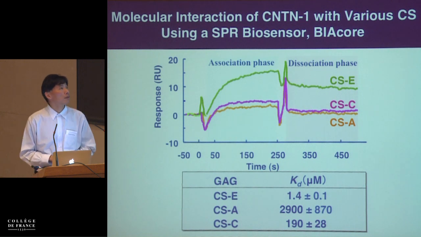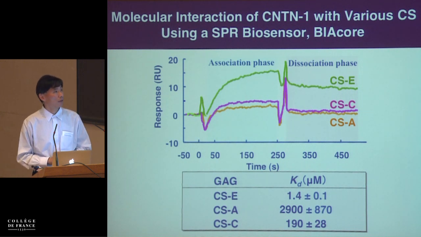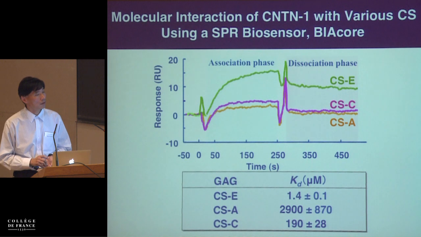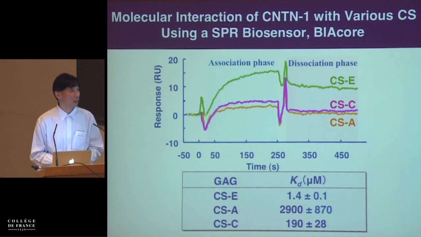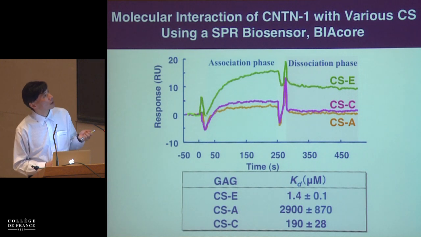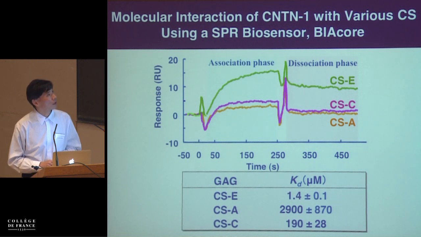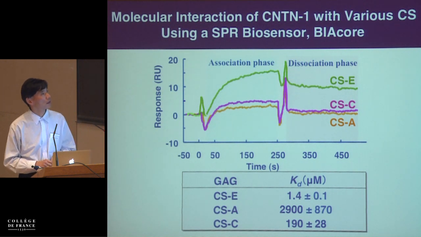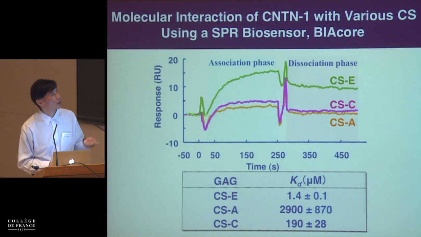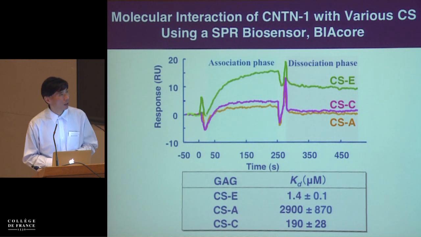To further examine the receptor function of contactin 1 specific for chondroitin sulfate E, molecular interaction of contactin 1 with various chondroitin sulfate substrates was examined using the SPR biosensor Biacore.